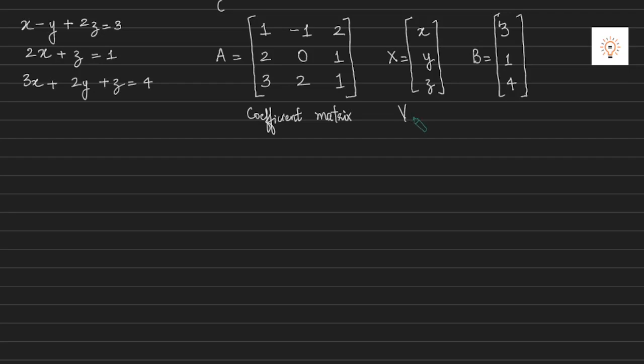So this is called the variable matrix, and this is the right hand side matrix. From the system of linear equations, we can see that A times X is equal to B. When you multiply A with X, you will get B.